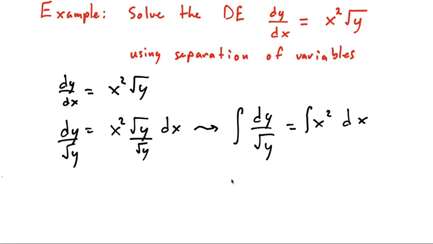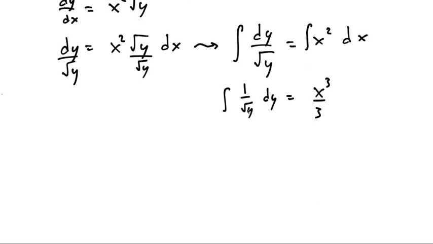This first integral is the same as the integral of 1 over the square root of y, dy, and the integral of x squared is x cubed divided by 3. The antiderivative of 1 over the square root of y is 2 times the square root of y. This is equal to x cubed divided by 3. And we add a plus c on one side of this equal sign. If we solve for y, we divide both sides by 2.